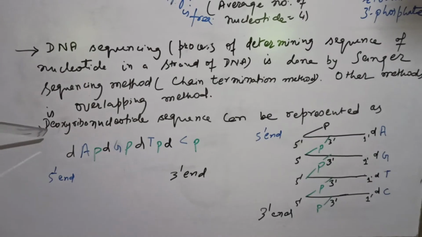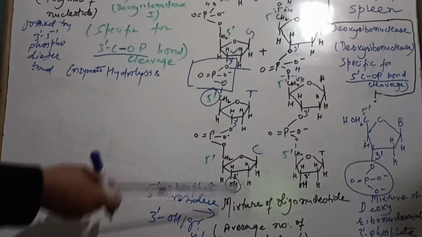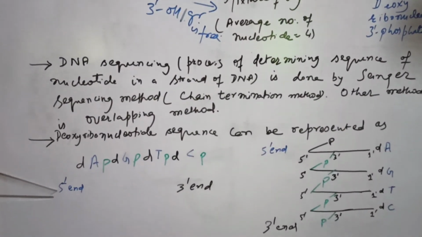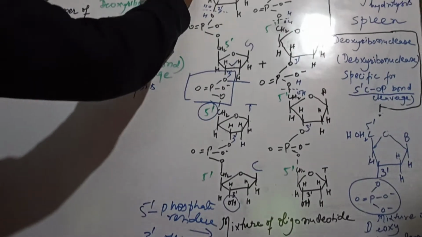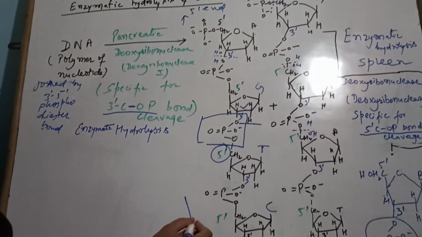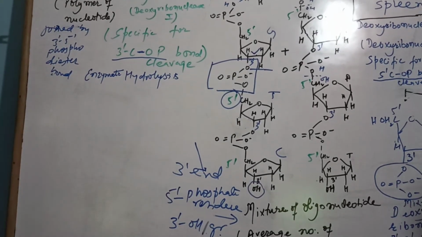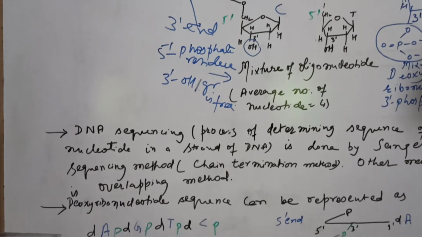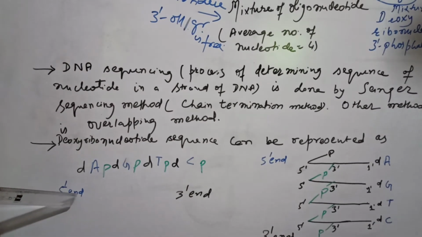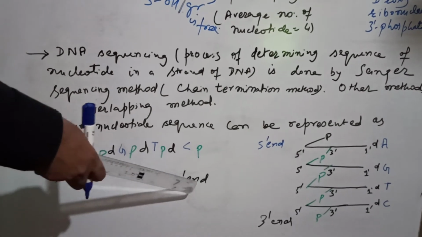Now you can see I have represented this tetranucleotide in letters as well as in line formula. Here you have the 5 prime end, and at the last you have the 3 prime end. This is an imaginary tetranucleotide from the 5 prime end to the 3 prime end.